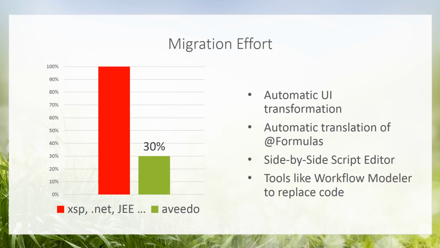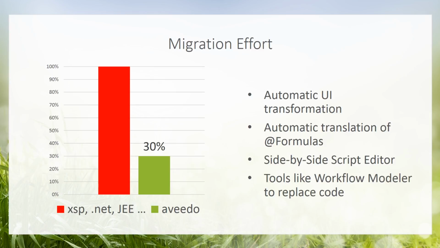What we also do automatically, and that also saves a lot of work, is the automatic translation of @formulas, right? So the @formula language is also being automatically translated. The logic behind that is automatically reproduced by Aveedo. For LotusScript business logic, we have a couple of smart concepts of how to recreate that logic inside of Aveedo.